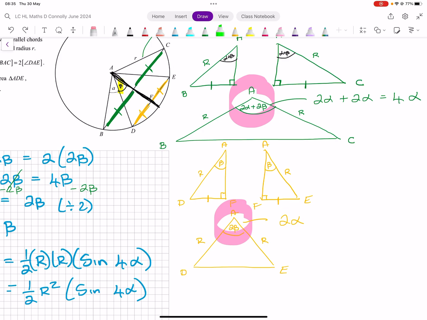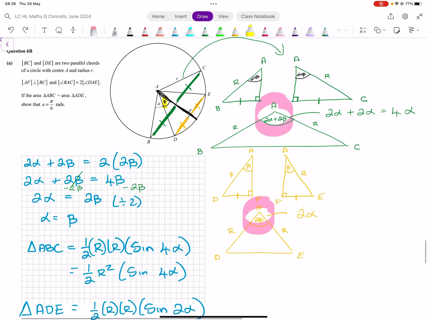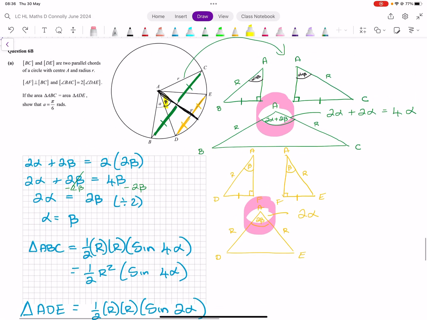So that means DF and FE are the same. AD and AE are both radii, and as per my naming system, the angles at the top are alpha. And again, put it back and drew the big triangle, and that's just 2 beta at the top and then the 2 radii.